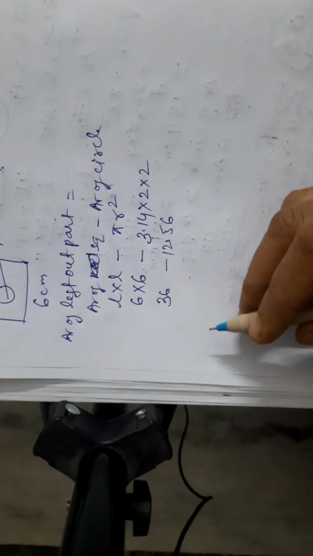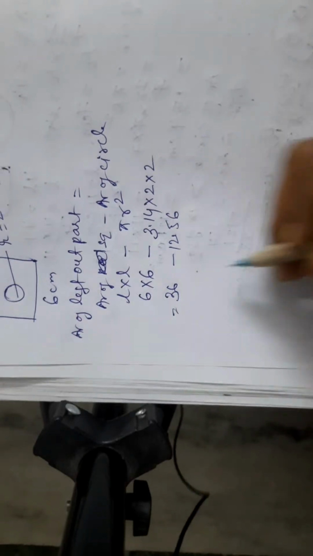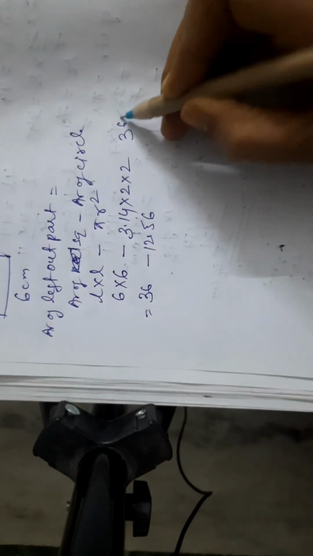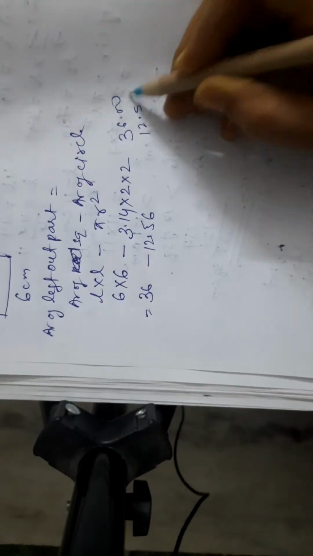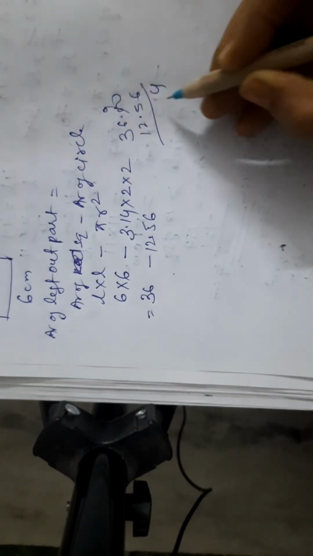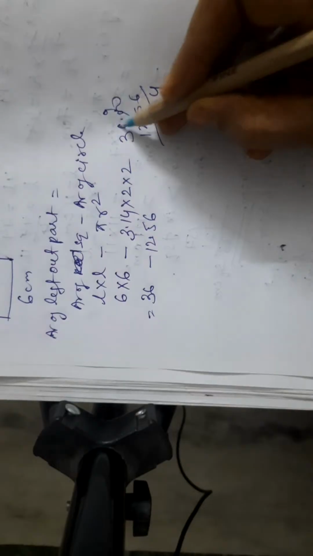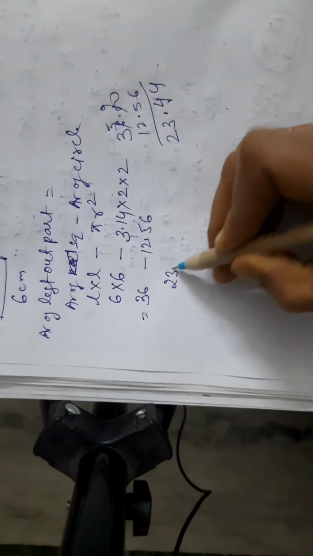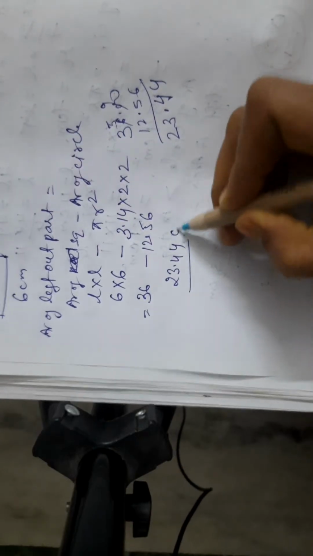Subtract and give the answer. 12.56 subtracted from 36. So here, 36 minus 12.56. So it is 23.44 centimeter. Good. So 23.44 centimeter square is left out.